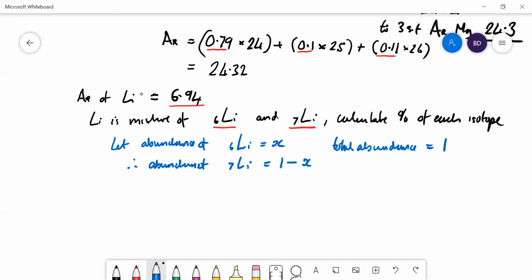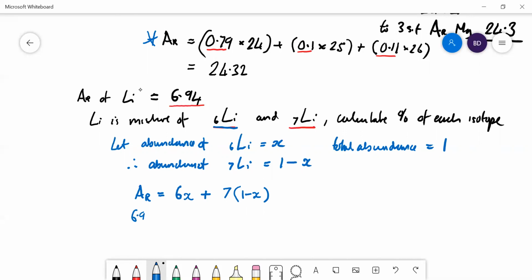So now let's basically do what we did here. We're going to say the AR is equal to the mass of isotope 6, times its abundance, which is X, plus the mass of isotope 7, which is 7, multiplied by the abundance of that, which is 1 minus X. They tell us what AR is, 6.94.